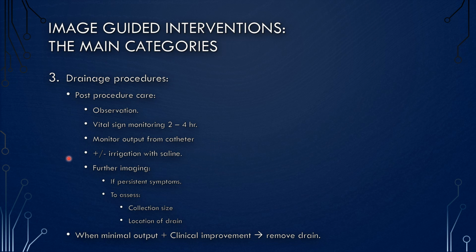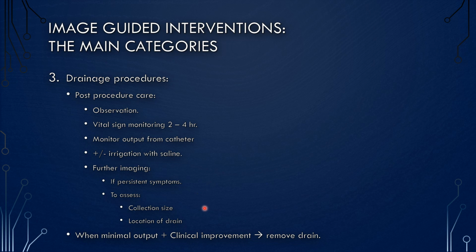Sometimes we need to irrigate the catheter with saline, so inject a small amount of saline just to unblock it. Sometimes we need to further image if there are persistent symptoms. Let's say, for example, after 5 or 6 days, the patient is still having fever and the catheter is not showing any output. The bag is empty. So you might need to rescan using a CT scan or an ultrasound and see what is the status of that collection.